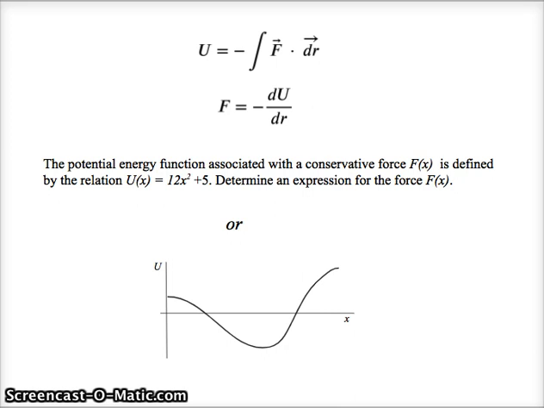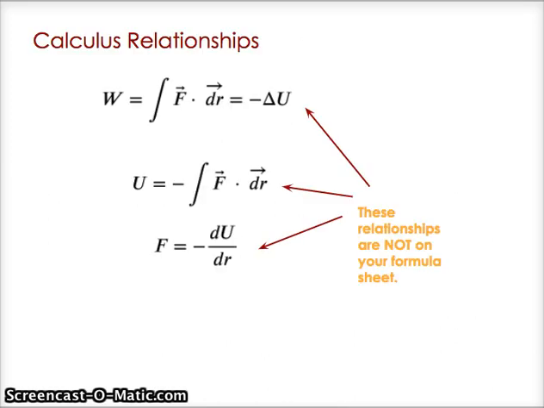Or if we're given a graph of U versus x, we could look at the slope of that graph. And whatever the slope is, if we take the negative of that, it would tell us the value of the force at that particular position. So these are our key calculus relationships that you need to be aware of.